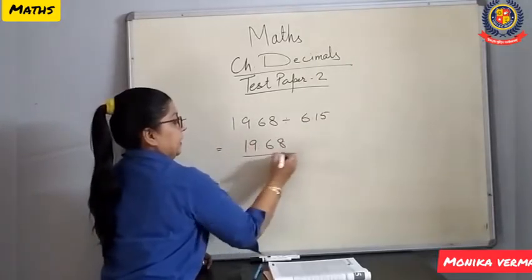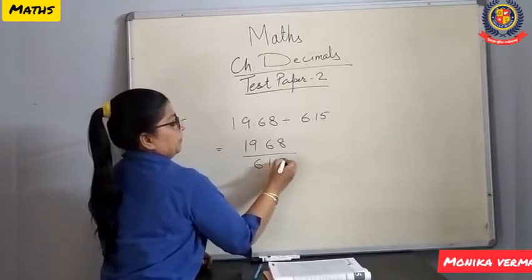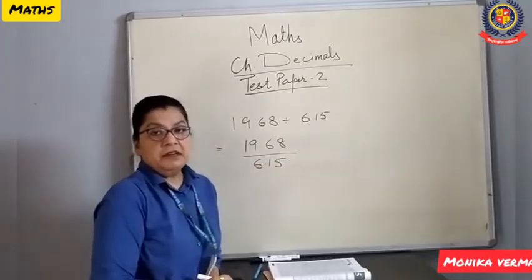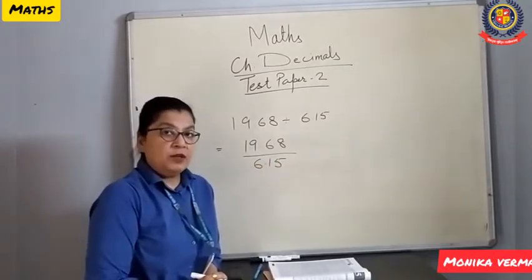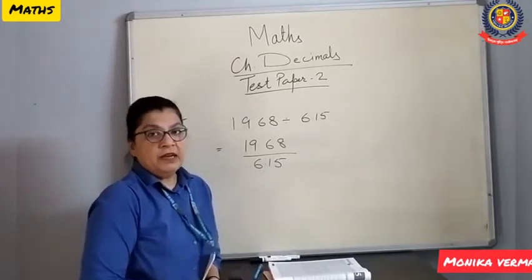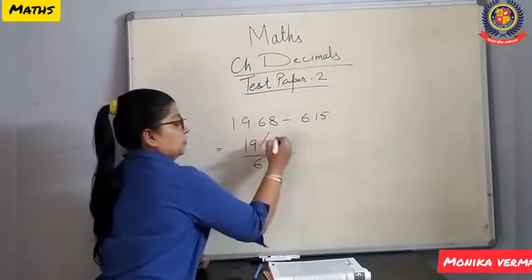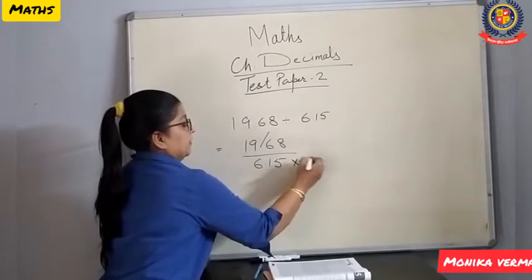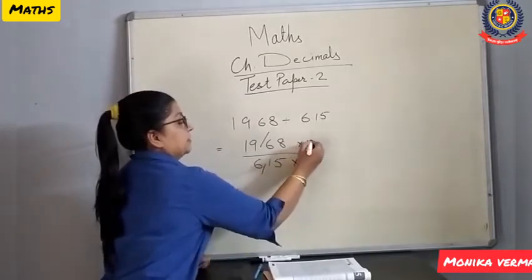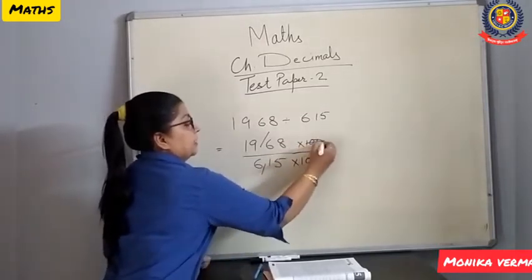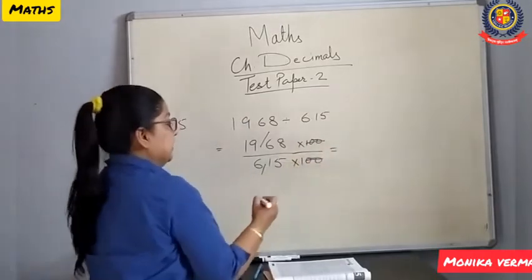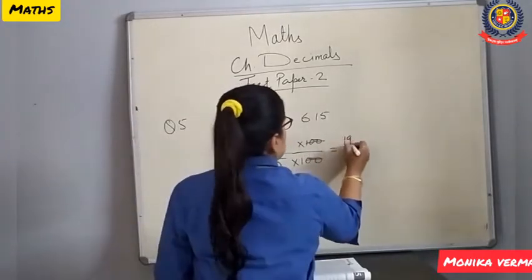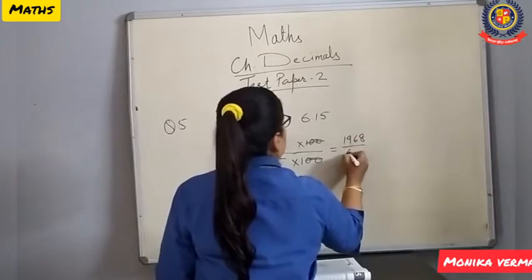And we know when we have decimals in numerator and denominator, first we will remove the decimal. We'll remove this, we'll get 100. We'll remove this, we'll get 100. We'll cut it. So we got 1968 upon 615.